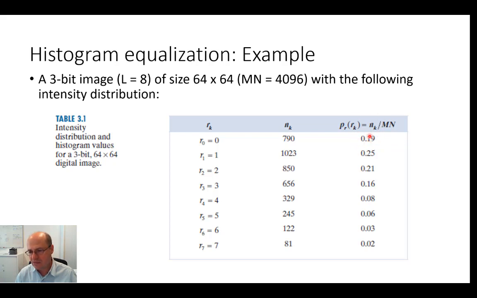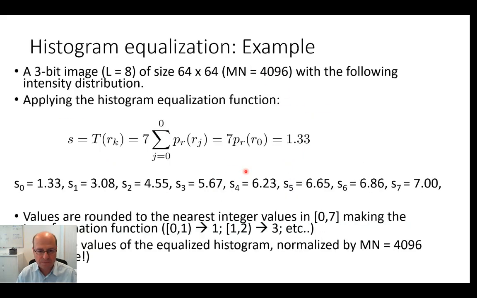This is an estimation of the probability of seeing a totally black pixel, and the same thing applies to every other intensity value. You see that we have 8 intensity values, each one with a certain number of pixels.